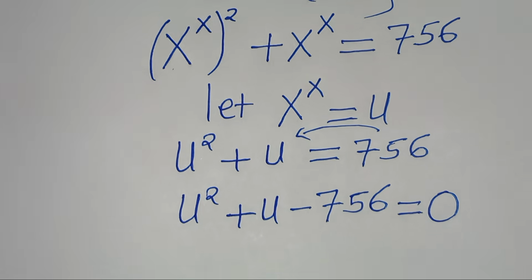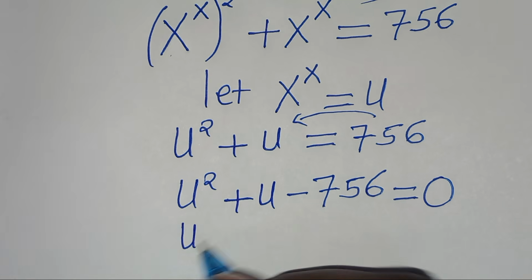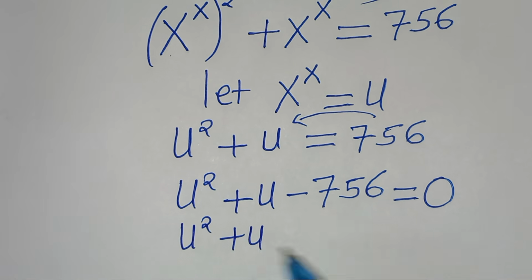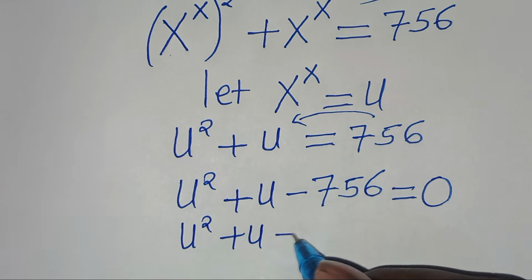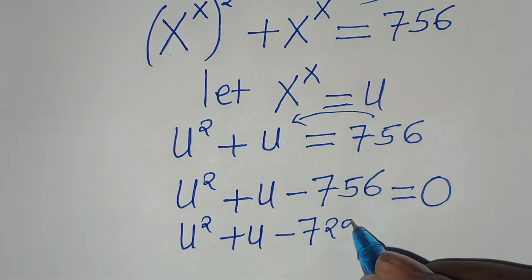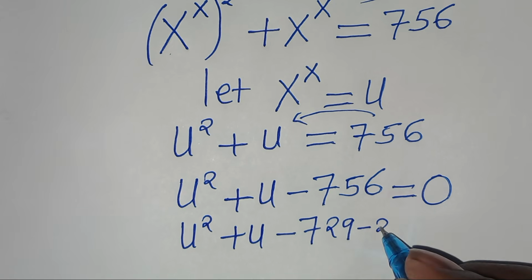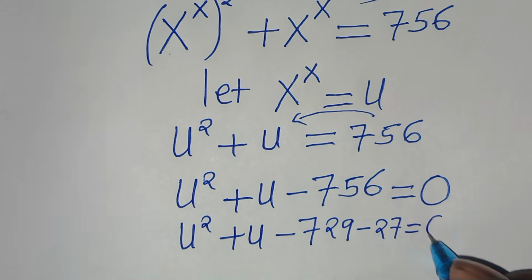Now, the next step is that we have u to the power of 2 plus u minus 756, which we can write as minus 729, minus 27, equal to 0.